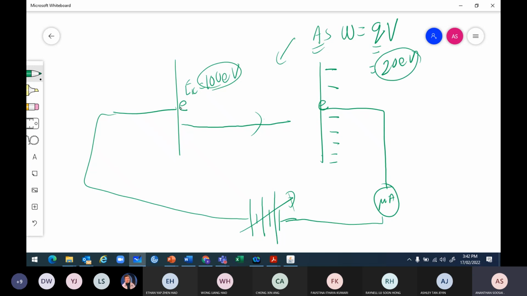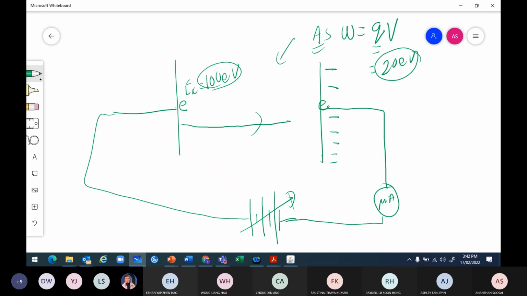The kinetic energy of the electron originally was 100 eV. But when it goes into this electric field, it experiences the repulsive force, so it does work. The work done is 20 eV, like work done against friction. This is work done against the electric field. So what kinetic energy does the electron possess when it reaches the plate?